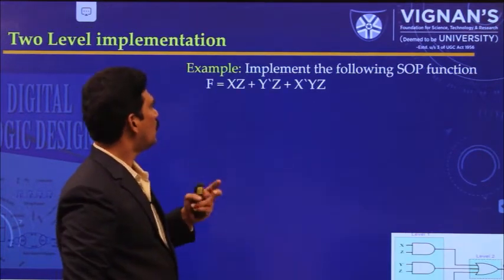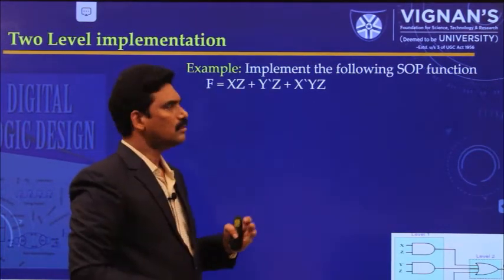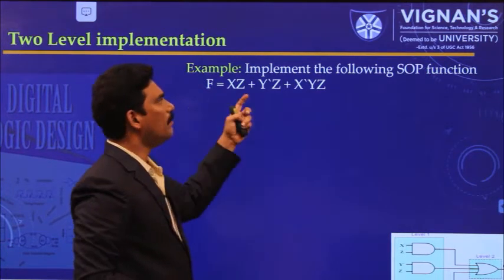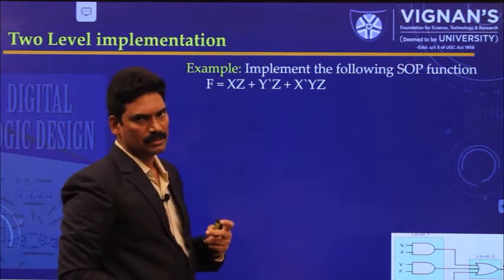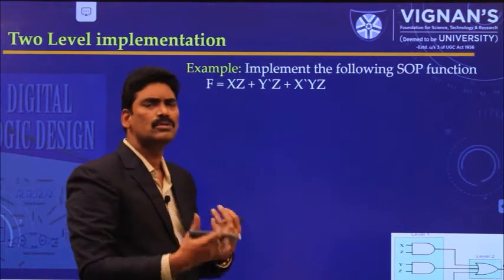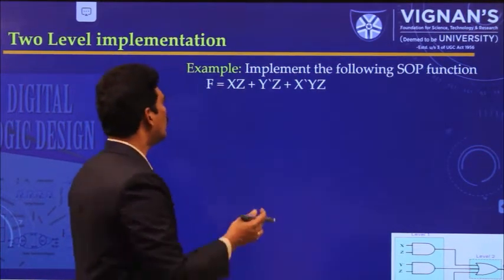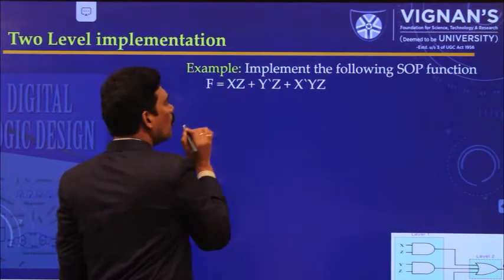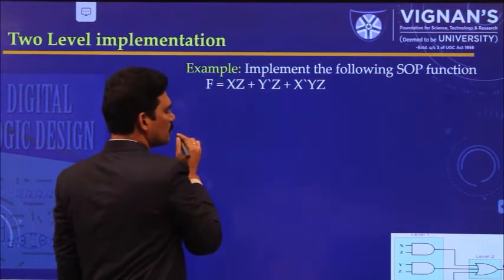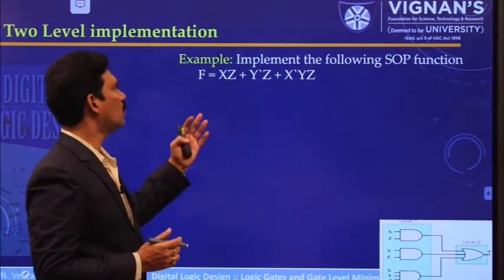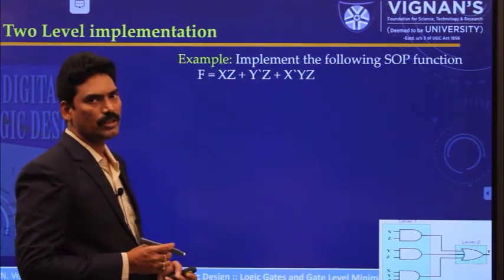Now this is a two-level implementation. I am going to implement the following SOP function. Implement means we have to design a logic diagram for this. How many variables are there? 3 variables. We are going to realize one logic circuit for this.